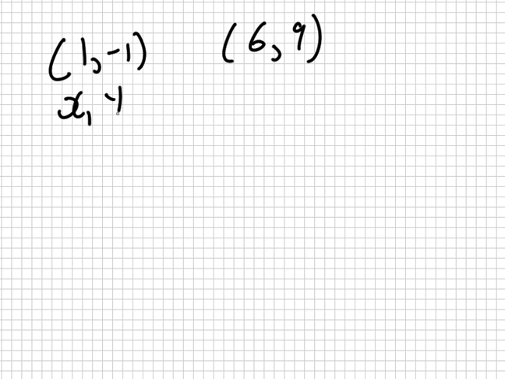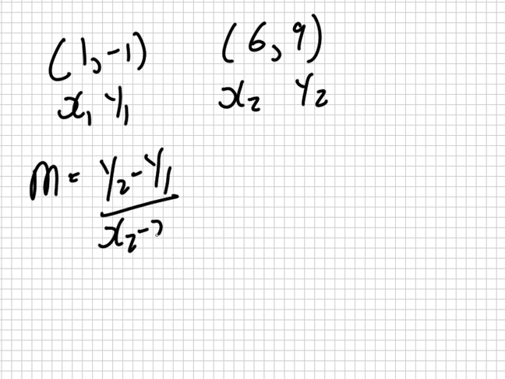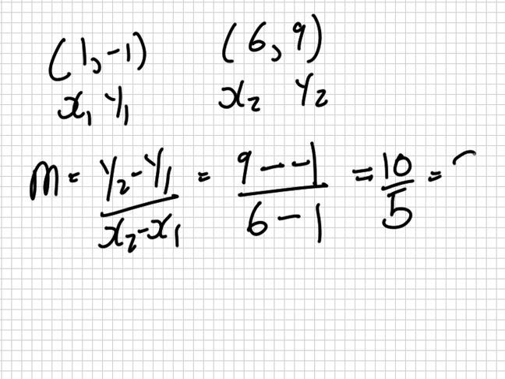So first the slope of the line, the formula, y2 minus y1 over x2 minus x1. So here that would be 9 minus minus 1 over 6 minus 1. So that's 10 over 5, so that's 2. Okay? So you're actually 50% finished.